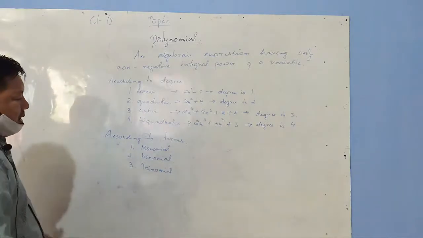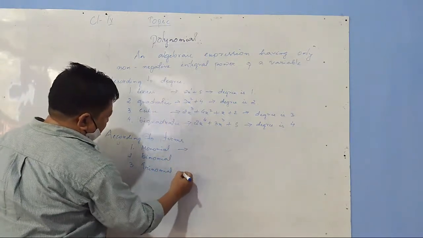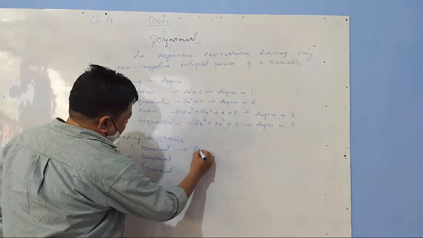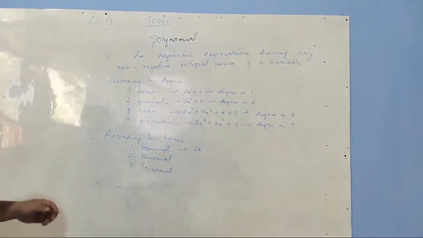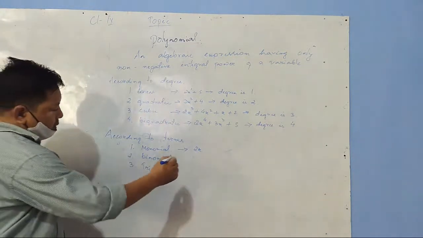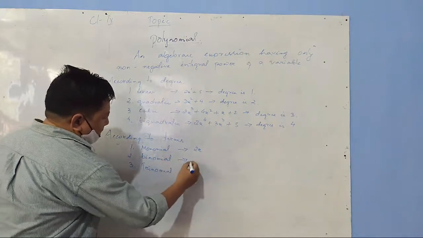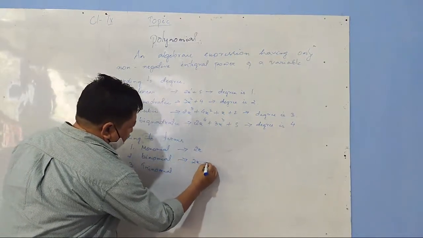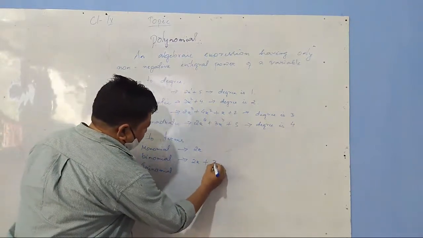Since in the beginning we learned about terms and expression, let me give you some examples, like 2x. This is a polynomial, but it has only one term. This type is known as monomial. While an example of binomial is 2x plus, let's say, 3.